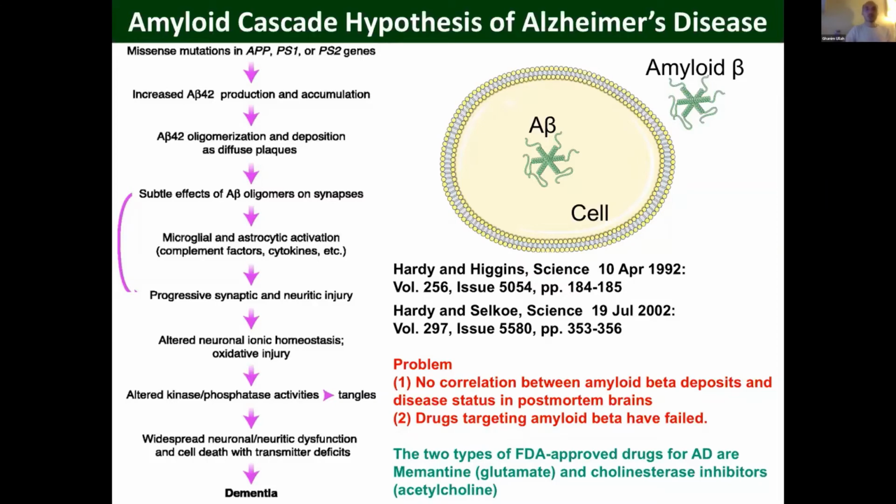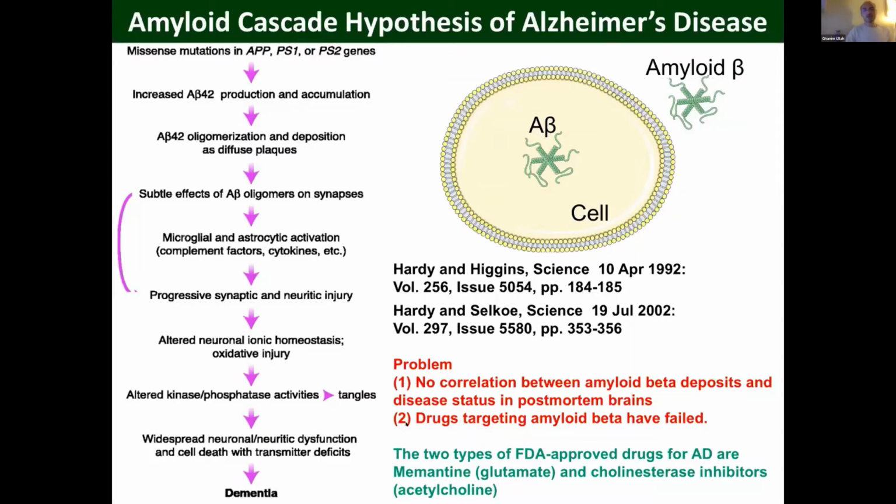It's actually significantly lower. And then the second problem is that all the drugs that target amyloid beta, either reducing their production or increasing their clearance, have failed over the last 20 years or so.